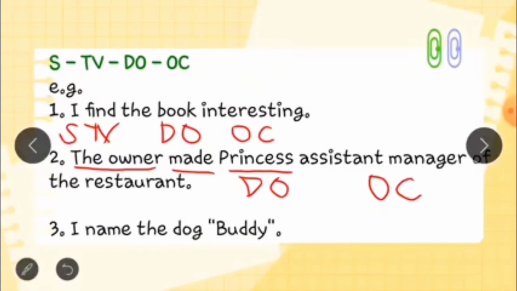Last. I named the dog Buddy. I is the subject, name is the transitive verb, dog is the direct object, and Buddy is object complement because it names the direct object dog.